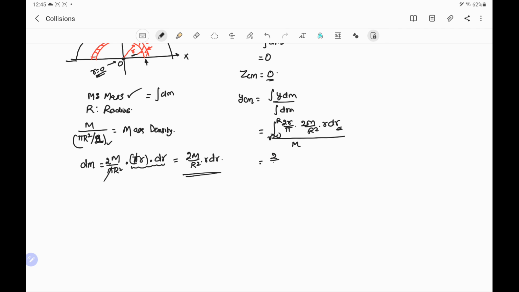It is 2 by π into 2m by R², integral from 0 to R of r into r, that is r² dr, divided by capital M.